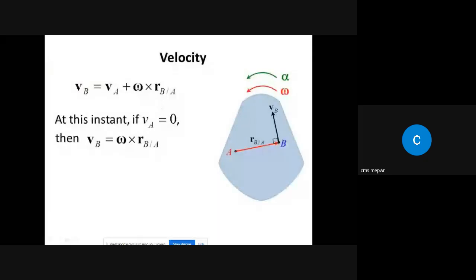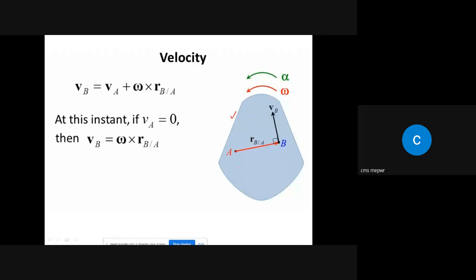Let us consider we have a rigid body that is exhibiting a general plane motion. For example, we have this body, it is exhibiting a general plane motion. Now let's imagine, maybe let's consider this as a fixed point, meaning a fixed point on the rigid body.